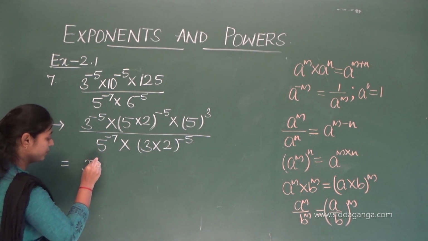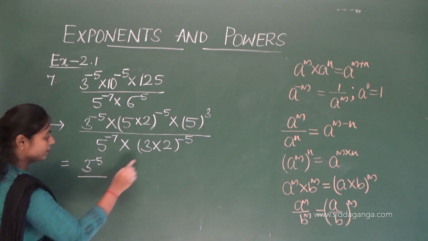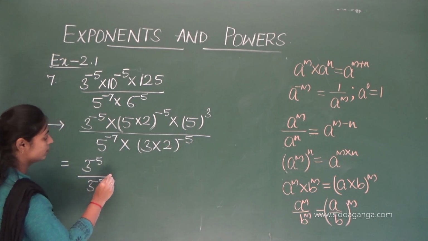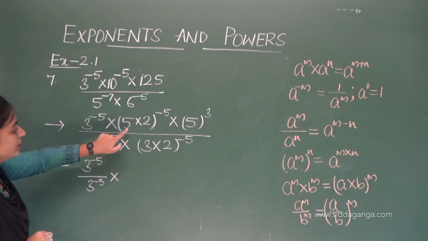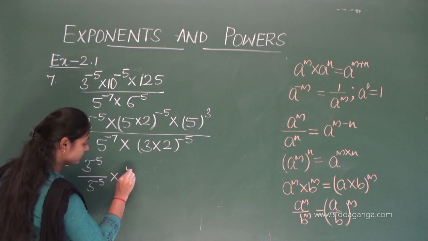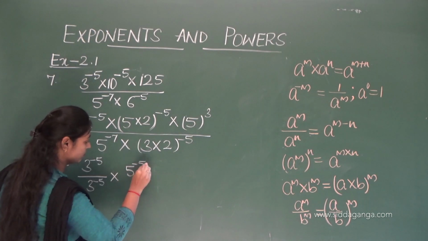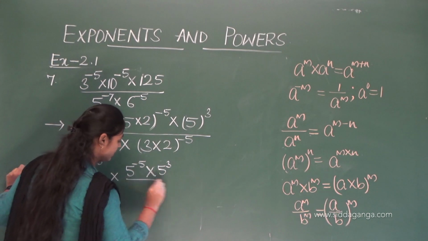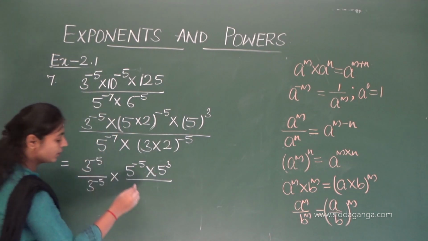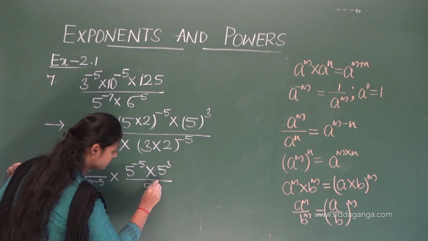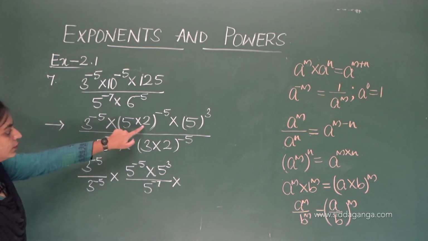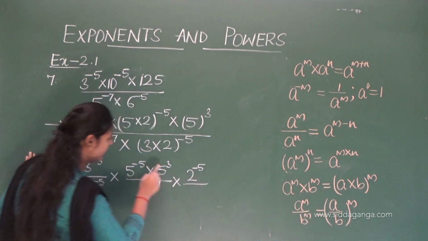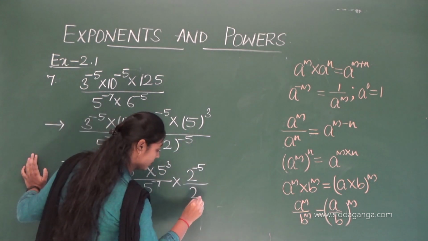3 to the power of minus 5 divided by 3 to the power of minus 5, into 5 to the power of minus 5 into 5 cube or 5 raised to the power of 3 divided by 5 raised to the power of 7, into 2 raised to the power of 5 divided by 2 raised to the power of 5.